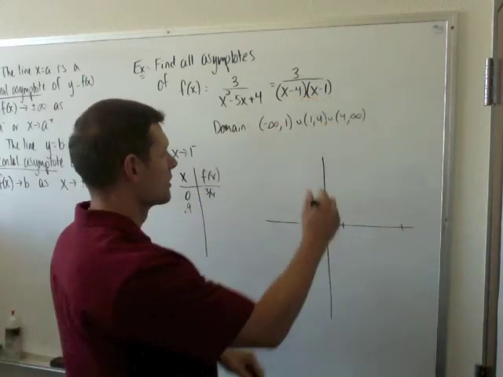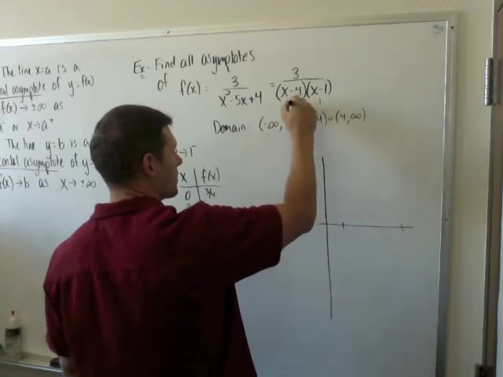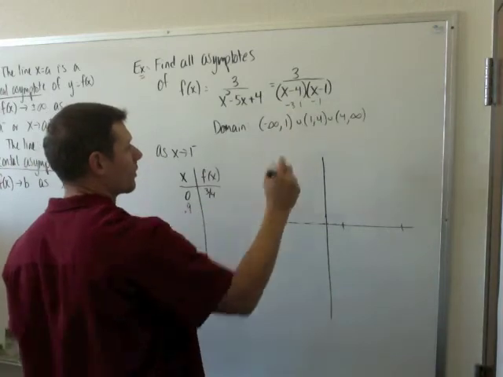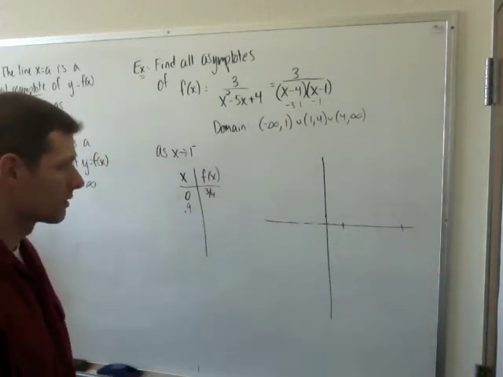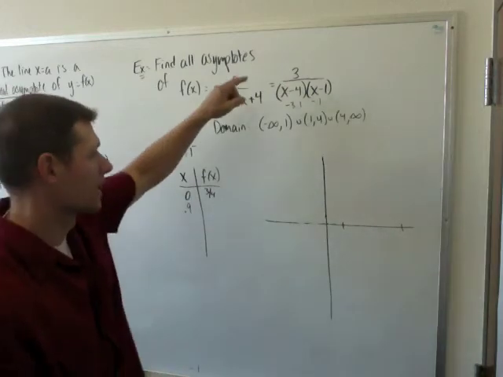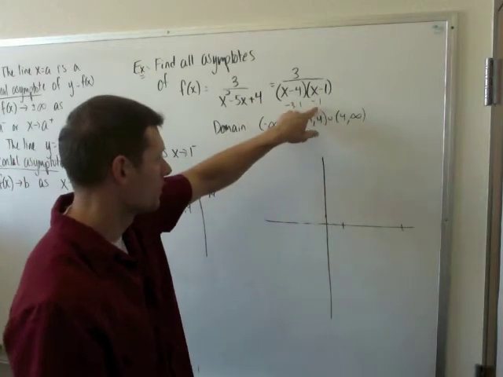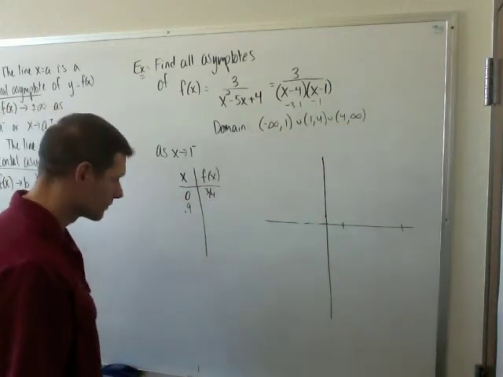This will be 0.1, right? And 0.9 minus 4 is negative 3.1. So I'll get negative 3.1 times negative 0.1. Negative times negative is positive. So it's 3 divided by 0.31. Well, it turns out that's going to be a large number.